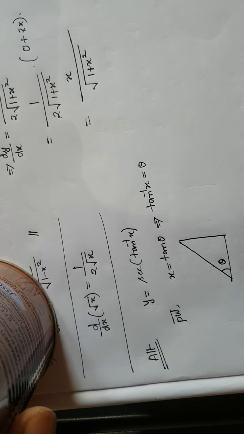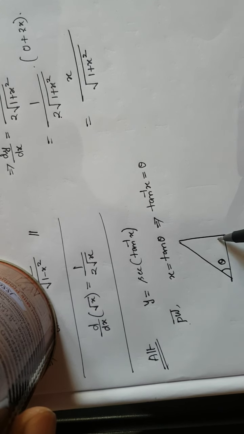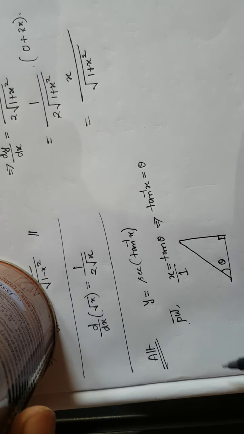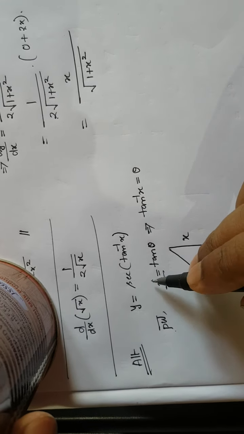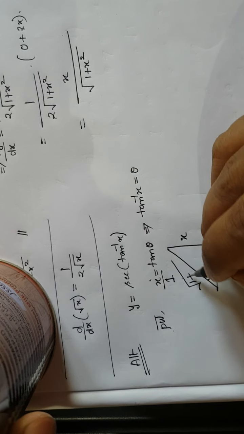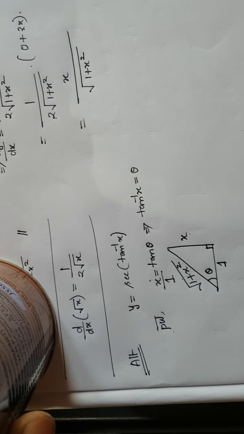An angle. This is hypotenuse, this is perpendicular, this is base. What is tan theta? Perpendicular by base. This is x, this is 1. Now you can apply tan theta is equal to perpendicular by base. What is the hypotenuse? Perpendicular square plus base square, 1 plus x square.